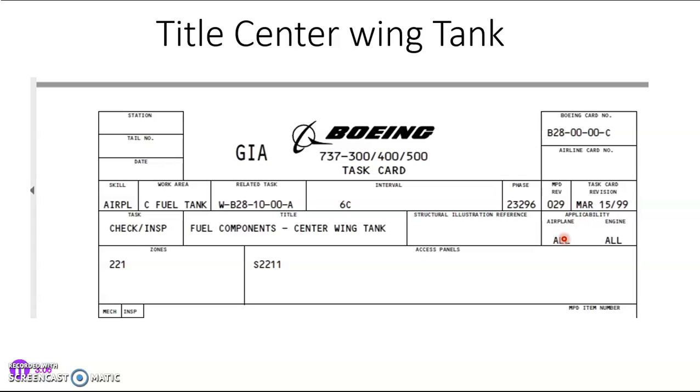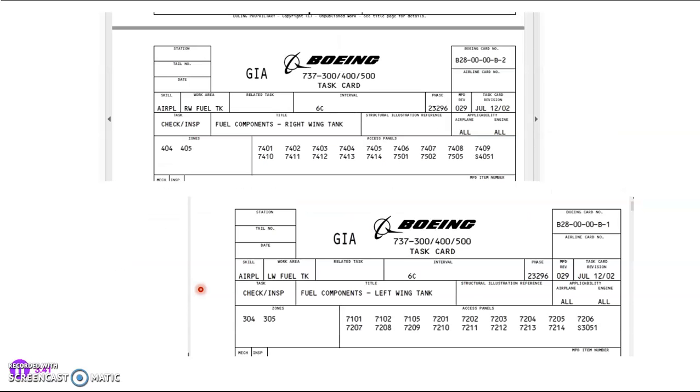Applicability, airplane oil and engine oil. Some of my friends ask me what applicability is. Applicability is the usefulness of something for a particular task. Okay, this boxcar is about check or inspection. The title is Fuel Components Center Wing Tank. The zones is 2 to 1. Okay, let's go to the next slide.